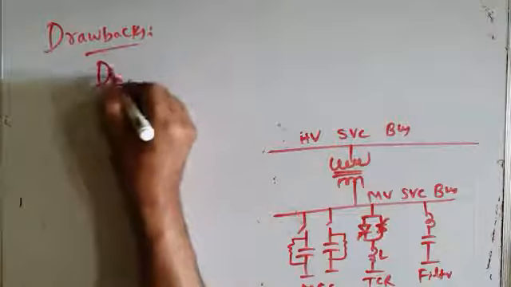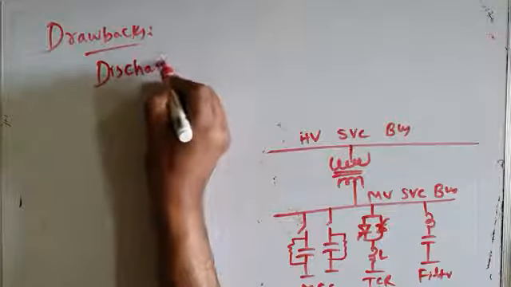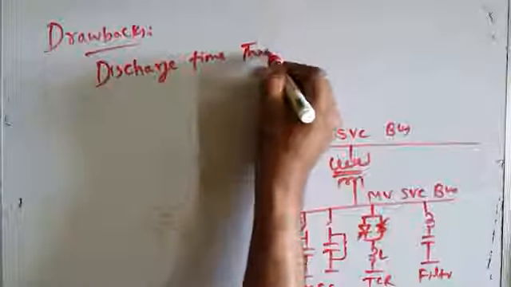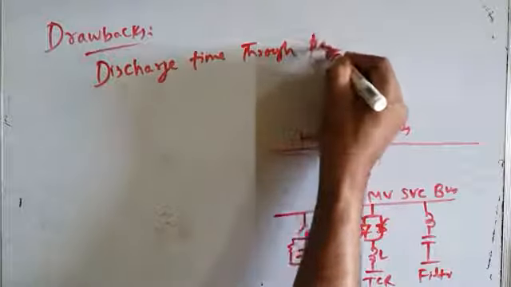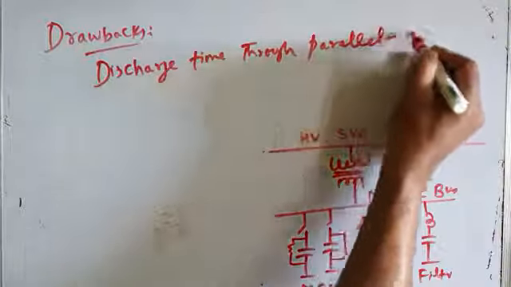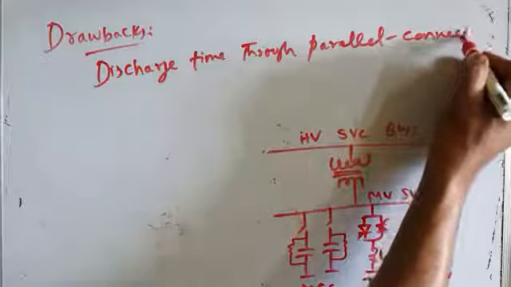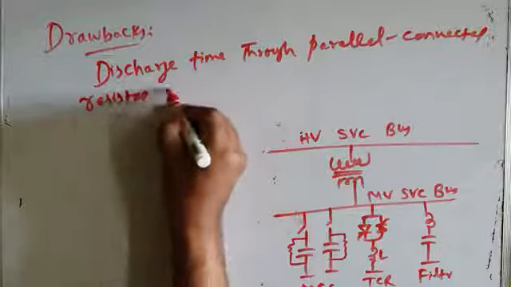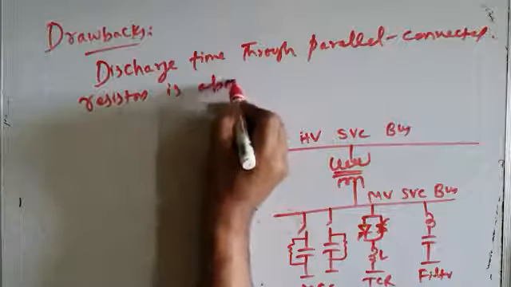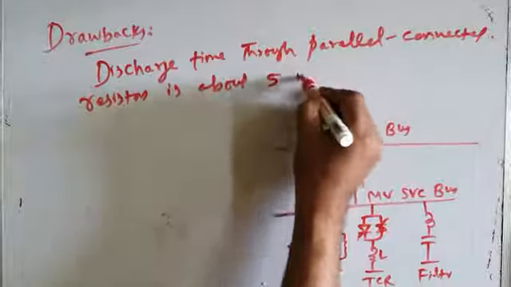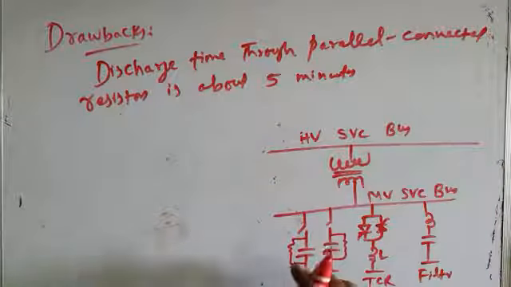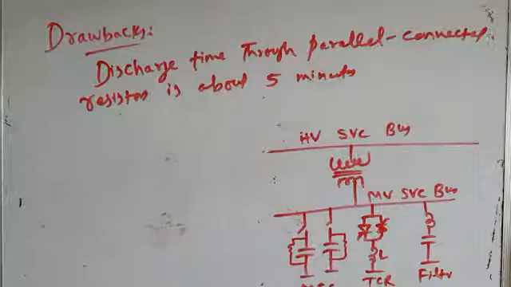So discharge time through parallel connected resistors, we can call them discharge resistors, is about 5 minutes. So they take about 5 minutes to discharge completely and remove all the trapped energy.